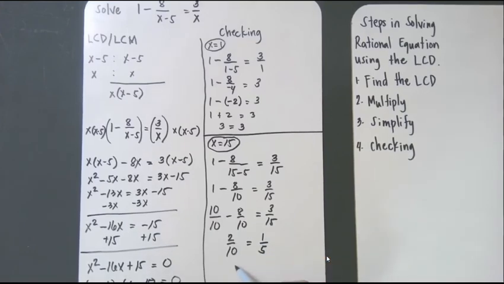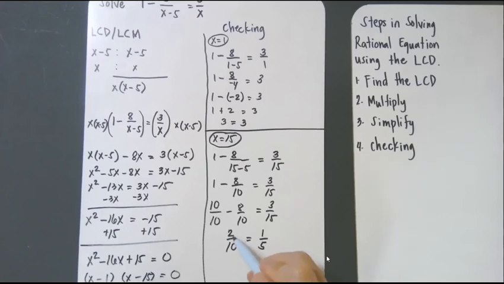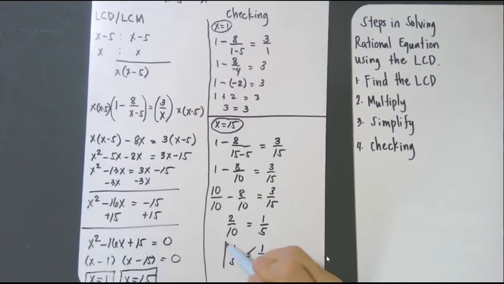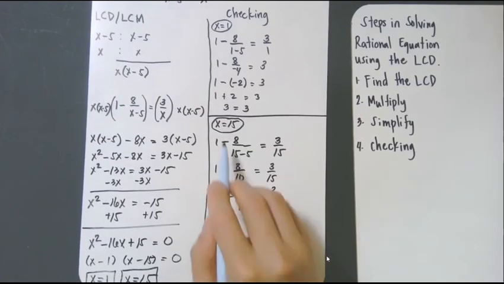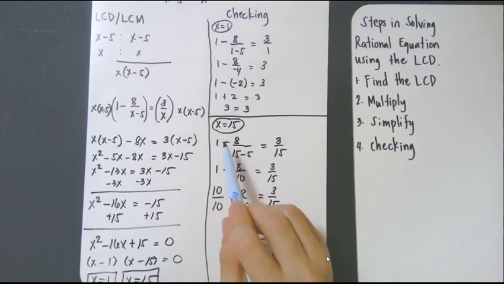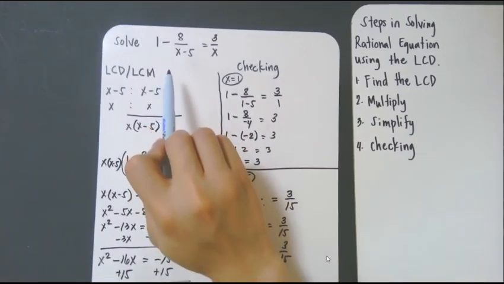Now 2 over 10, we can also simplify that. Both are divisible by 2. And that will give us 1 over 5. So we got the same value on both sides. So meaning x equals 15 is also a solution of the given rational equation.